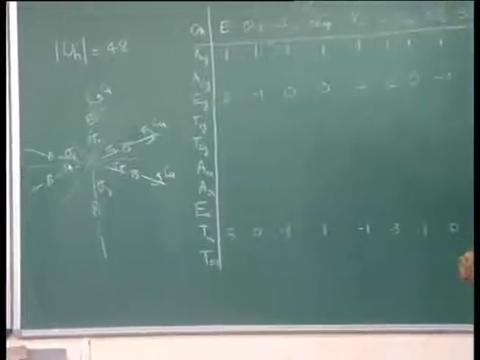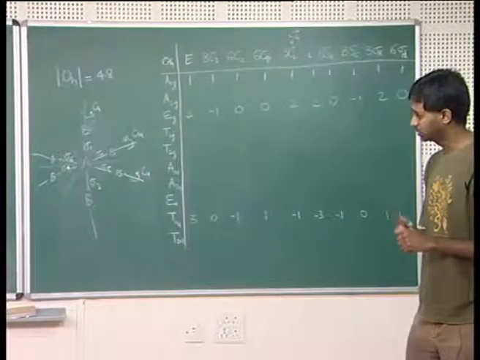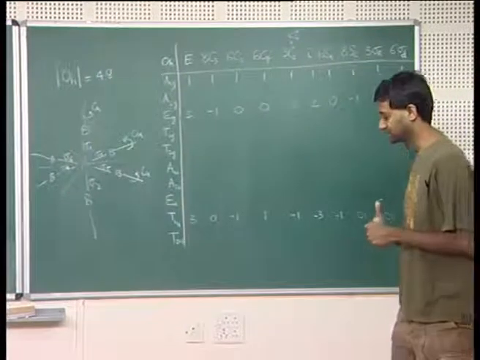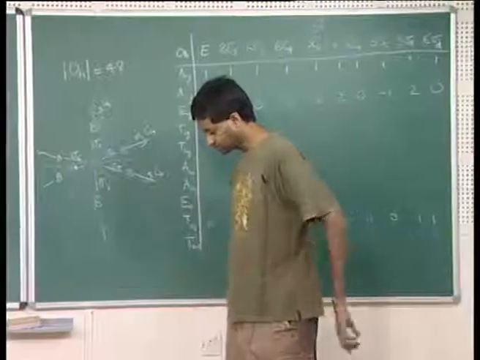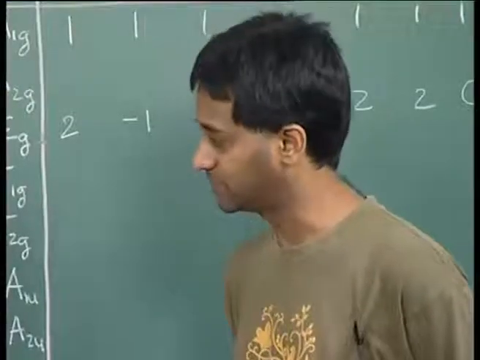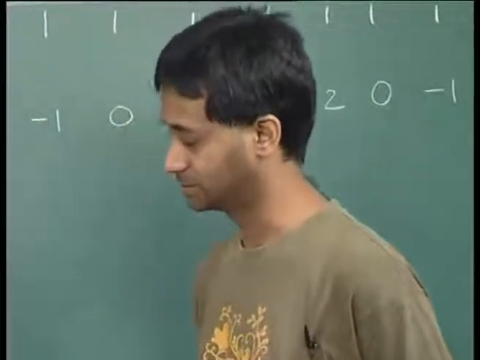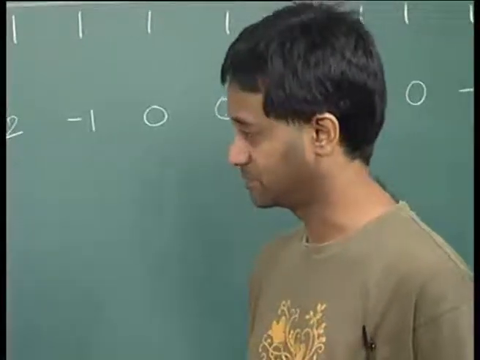Now the next thing that we are going to do is to try a similar exercise for a slightly different system, which is the cyclopropanyl group, and we look at how the pi orbitals in this system can be calculated.